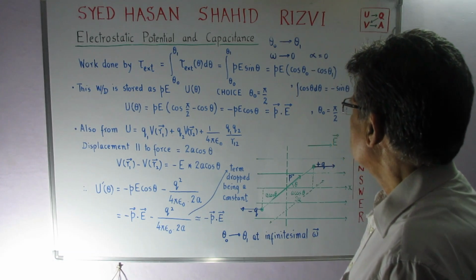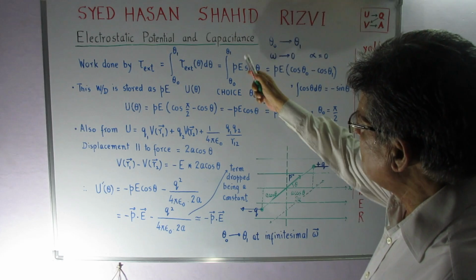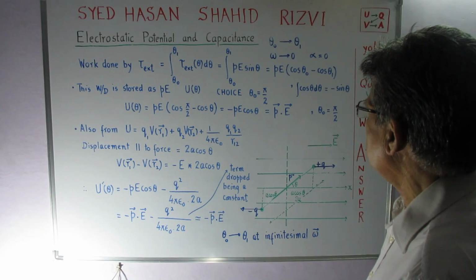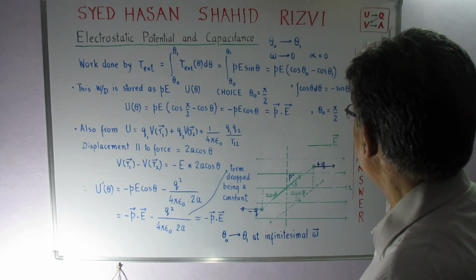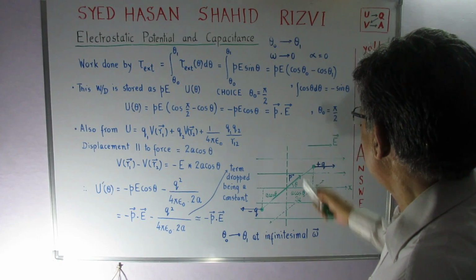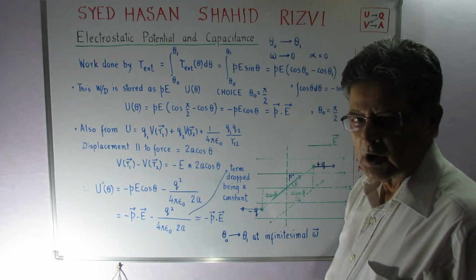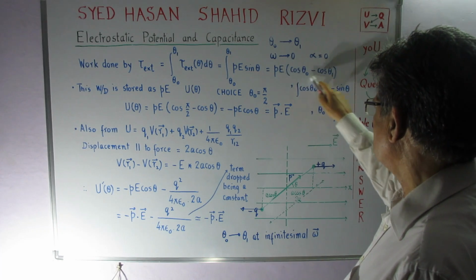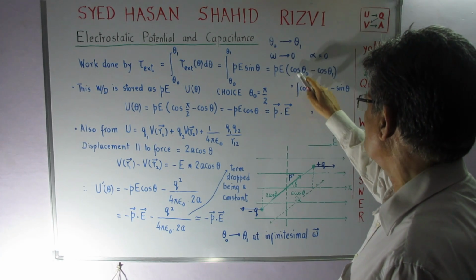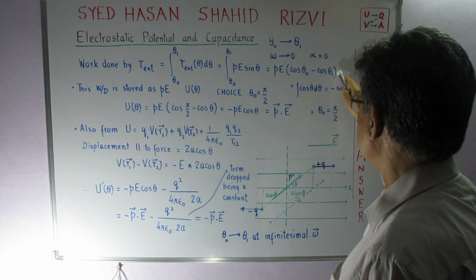When I carry out the integration, because the integral of sine theta d theta is minus cos theta, putting those values, I'll get P E (cos theta 0 minus cos theta 1).